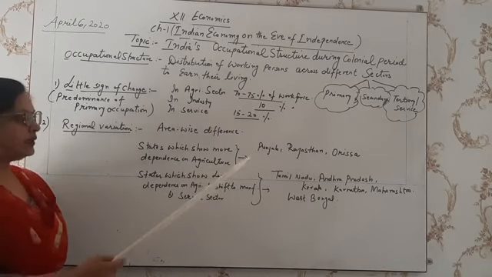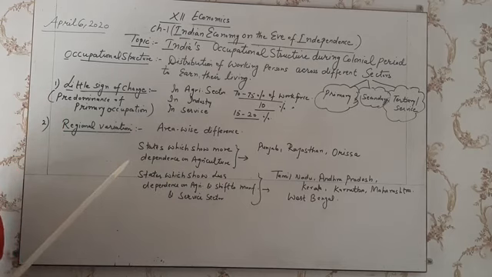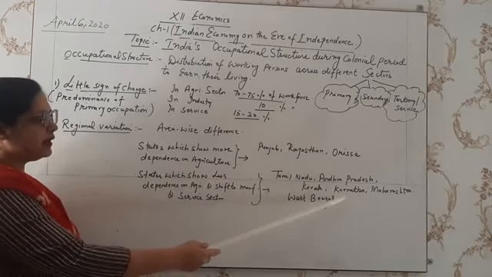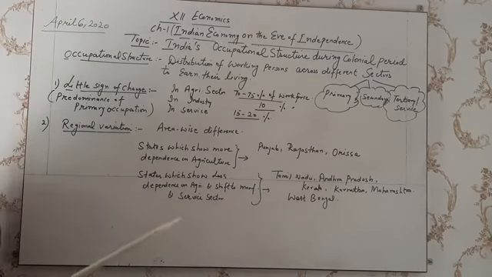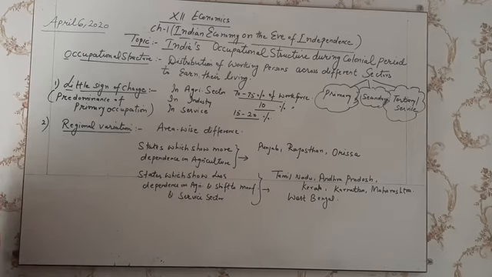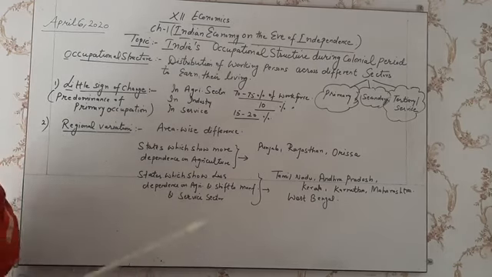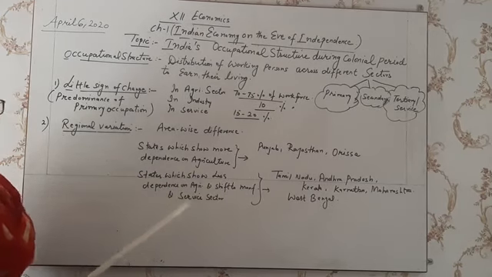Punjab, Rajasthan and Odisha show high dependence on agriculture, and Tamil Nadu, Andhra Pradesh, Kerala, Karnataka, Maharashtra and West Bengal were shifting from agriculture sector to service sector. So some states show high dependence on agriculture and some states show less dependence on agriculture and were shifting from agriculture sector to other sectors.